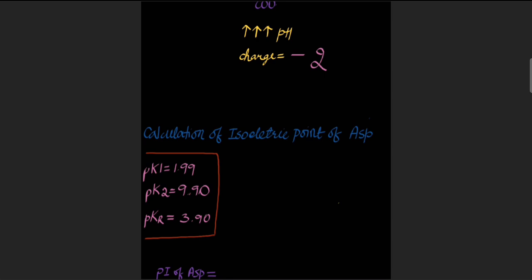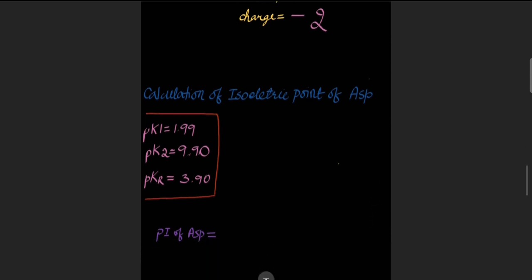The formula will remain the same as for glycine. The isoelectric point of aspartate will also be taking two values. Just a minute, I'll show you.